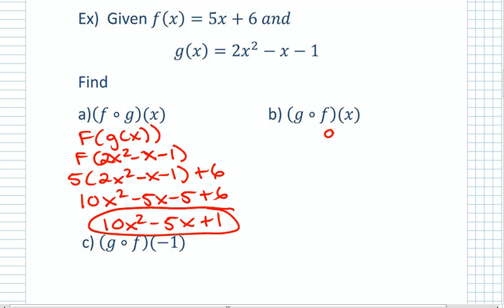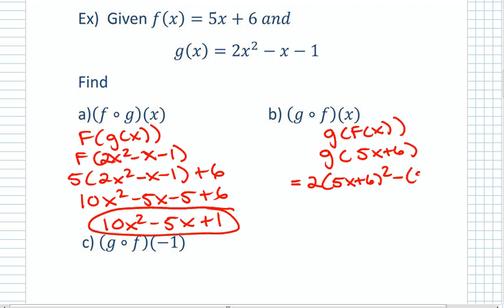Over here, remember it's just the reverse. So I put in the 5x plus 6 for x, or for f of x. Then I substitute this into the g function. So notice 2 times 5x plus 6 squared minus 5x plus 6 minus 1.